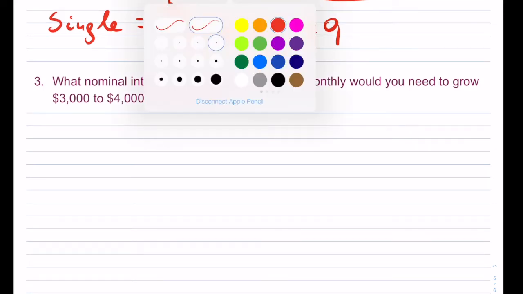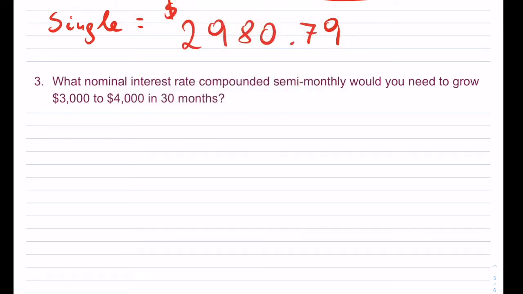As there's only one thing to deal with, we're going to write down the givens. So what are we dealing with? Because it is compounded, we start with M. How are we compounding? Semi-monthly. Semi-monthly means twice per month, so this becomes 24.